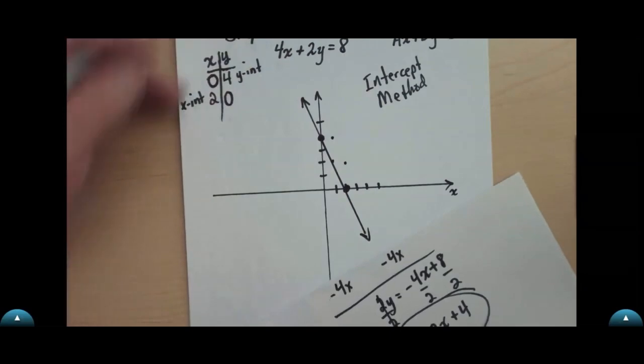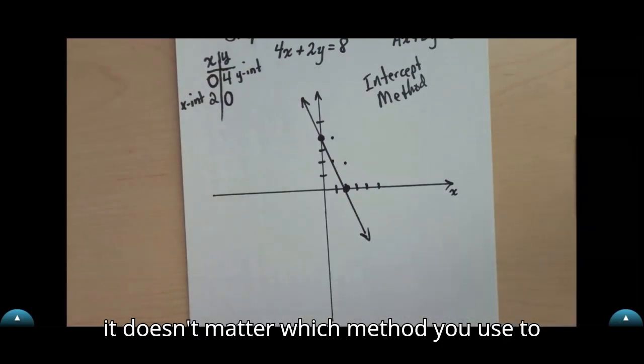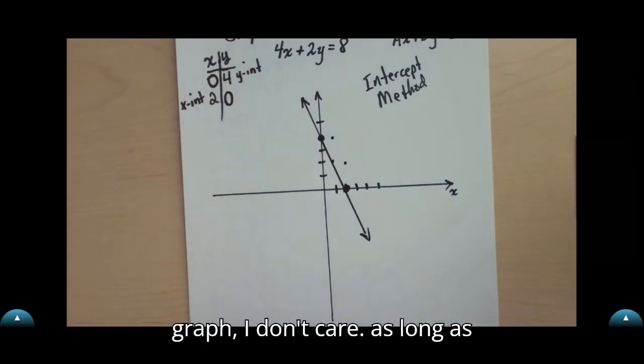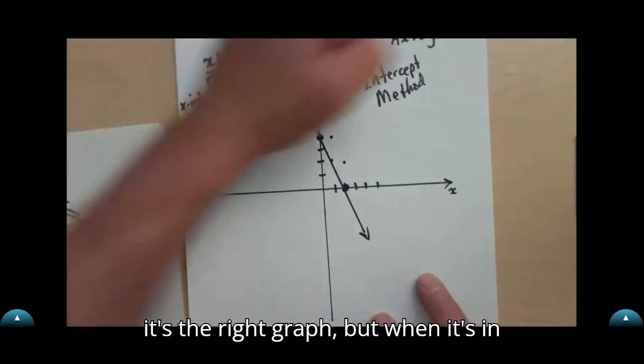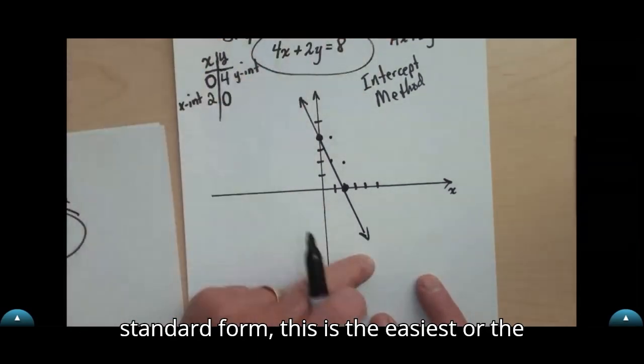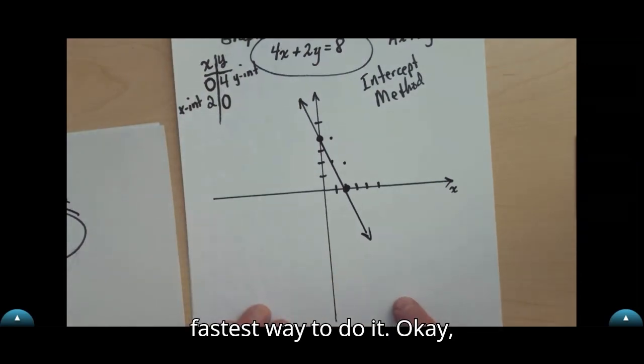But it doesn't matter which method you use to graph. I don't care as long as it's the right graph. But when it's in standard form, this is the easiest, fastest way to do it.